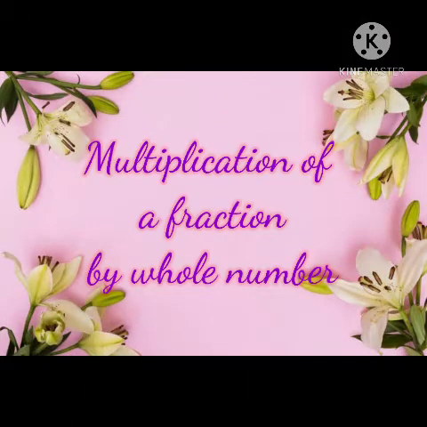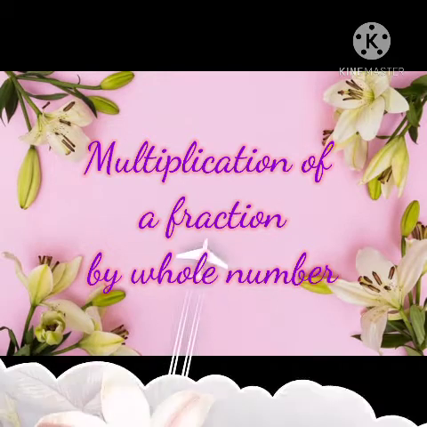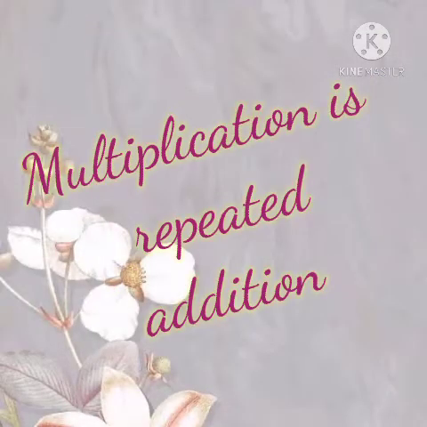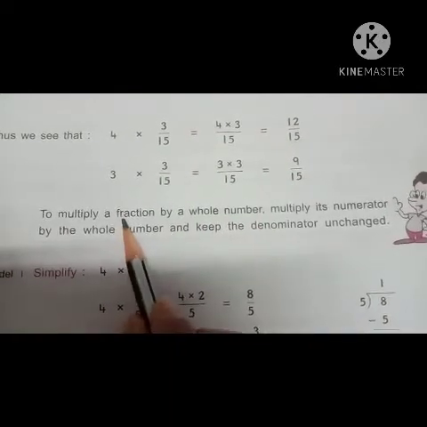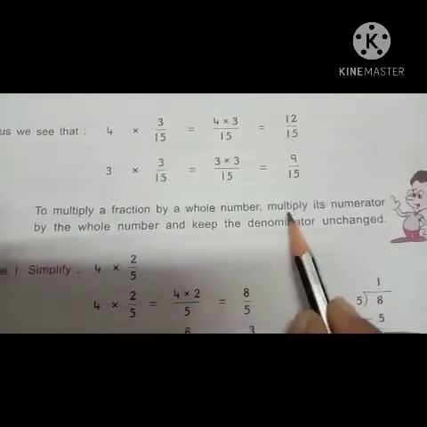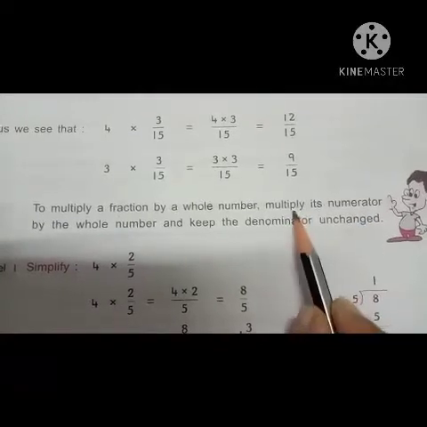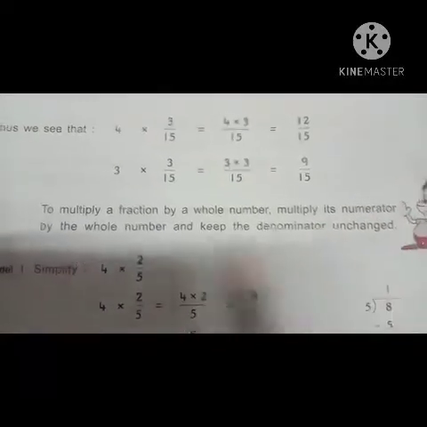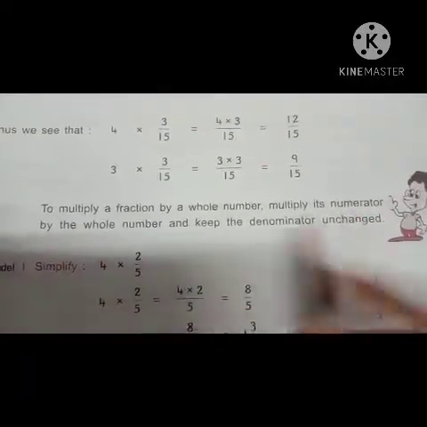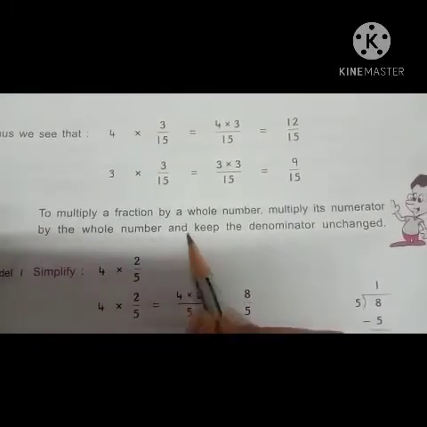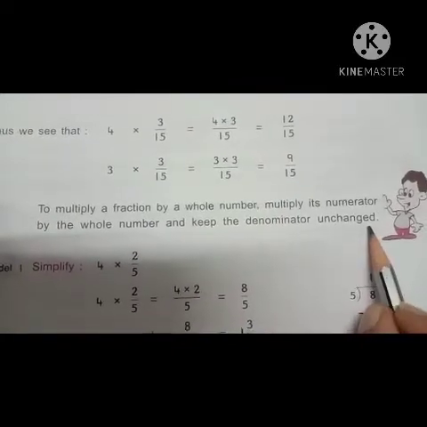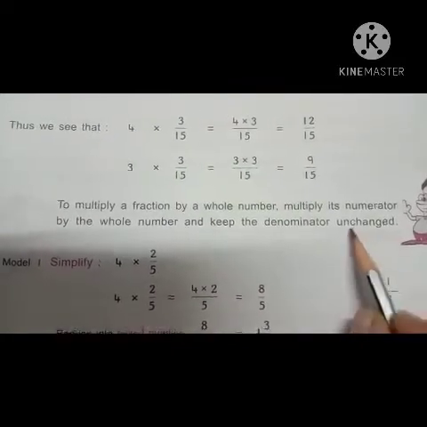Now, multiplication of fractions. Multiplication of a fraction by a whole number. Here multiplication means repeated addition. We know that multiplication is repeated addition. To multiply a fraction by a whole number, first we have to multiply its numerator by the whole number and keep the denominator unchanged.